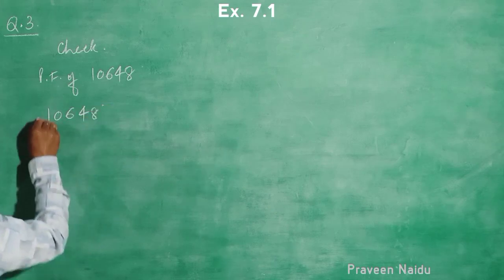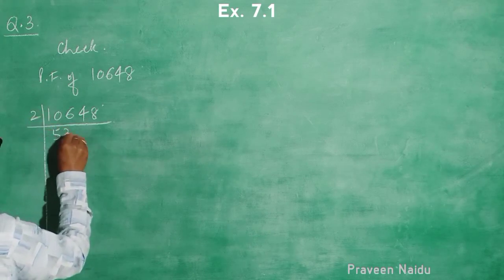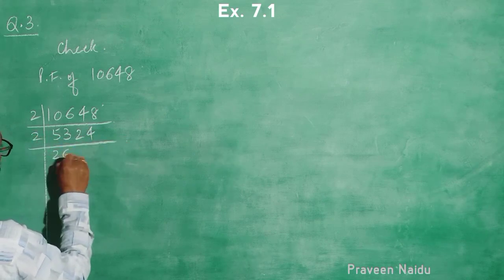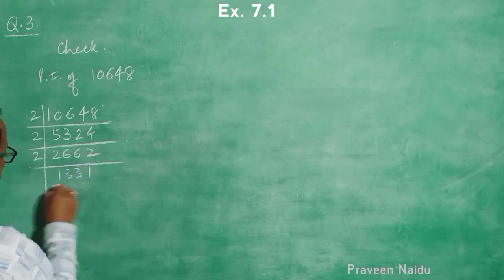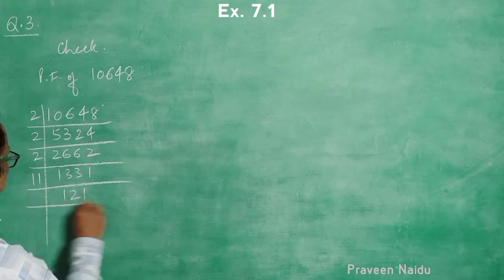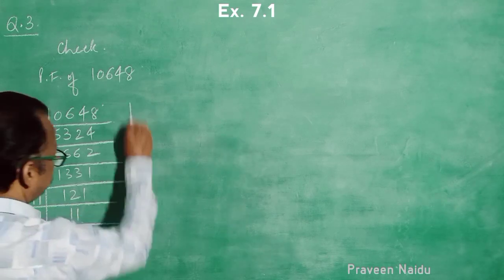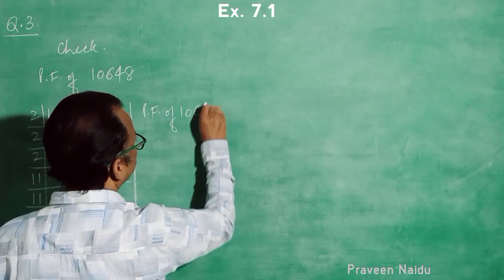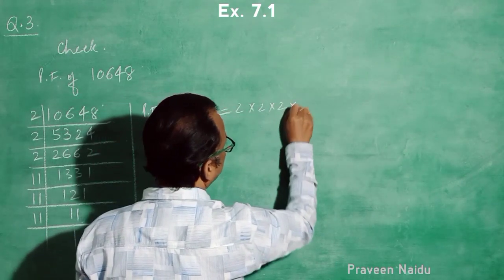When we find out the prime factors of 10,648, the factors will be the same as the previous one, but leaving 5 because we have divided the number by 5. So we have the only factors 2 and 11, which are in cubes.